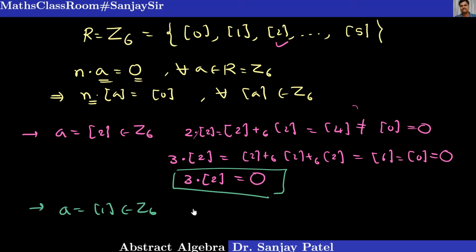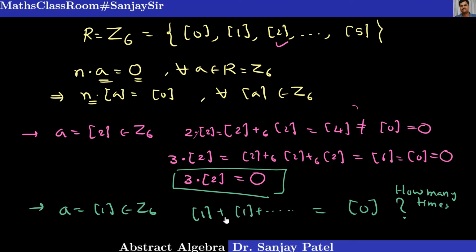Then how many times should I add 1 with itself to get 0? That will be the answer for that number n: how many times class 1 should be added with itself. And this plus is actually our addition modulo 6 operation.